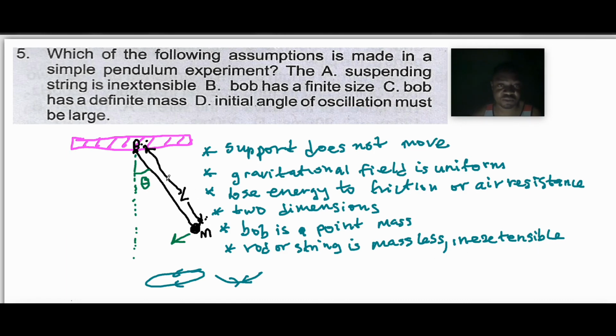So this particular string should be unable to be stretched or drawn out of length. And I think that has to do with option A, which says the suspending string is inextensible. All right, so these are the assumptions that are made when carrying out a simple pendulum experiment.